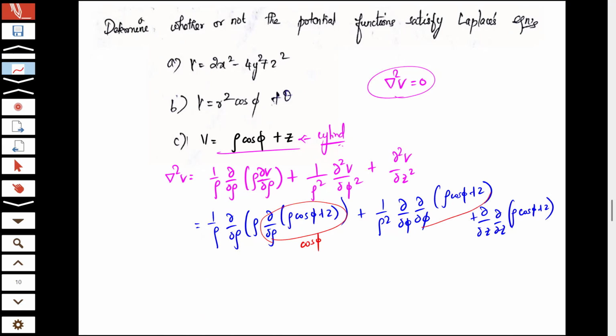And here differentiation should be done with respect to phi. So rho is constant. Differentiation of cos phi is minus sin phi. And for the second term, Z differentiation with respect to phi will be 0.